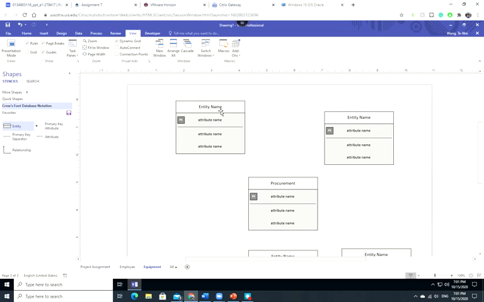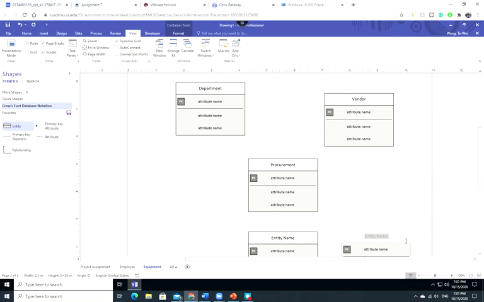And on the left upper corner, the customer is not customer. It's in the transaction, it's department, right? And in this particular transaction, we are dealing with the vendor. And the item here is equipment.